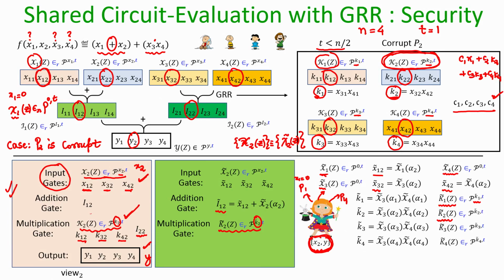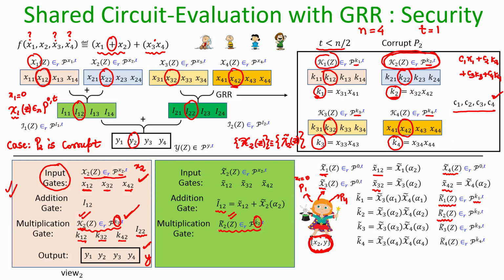So, my claim is that the probability distribution of this real k2 polynomial which is there in view 2 is identical to the probability distribution of this simulated k2 polynomial. Both of them are random t degree polynomials. The constant term of this real k2 polynomial is the share k2, where k2 would have been the product of x3_2 and x4_2.